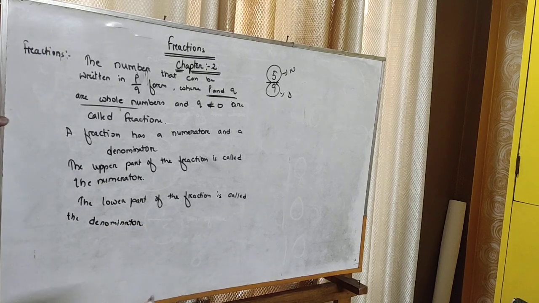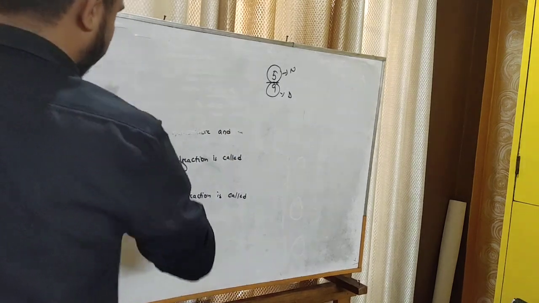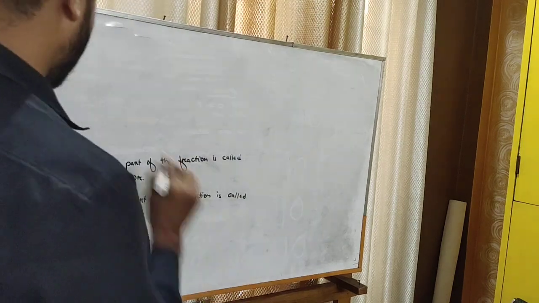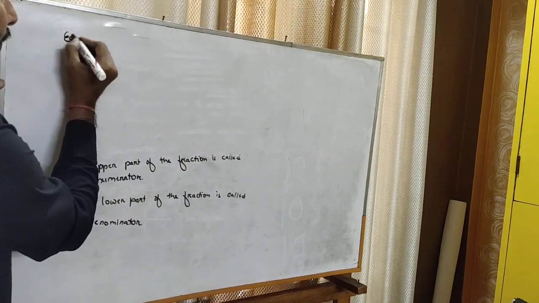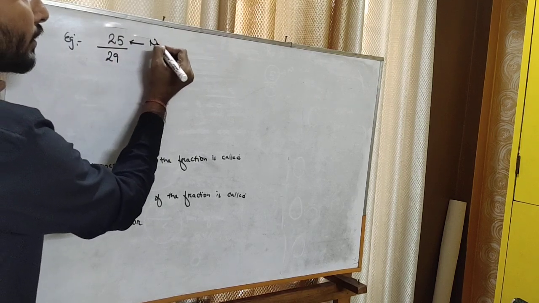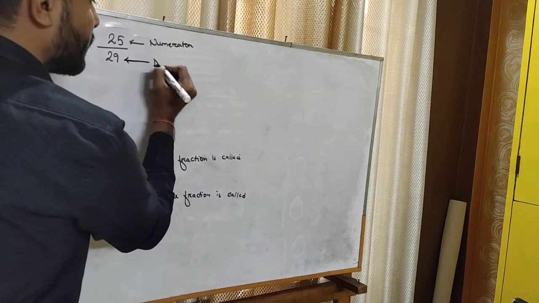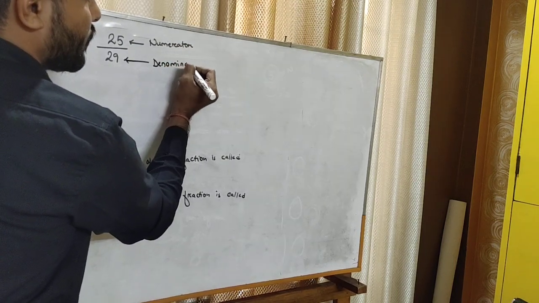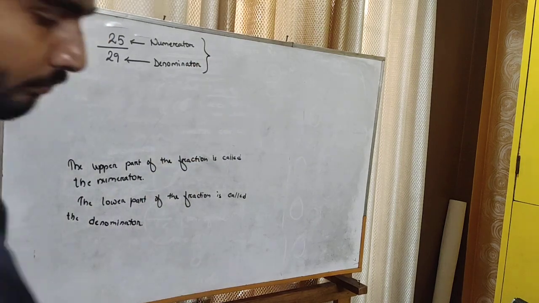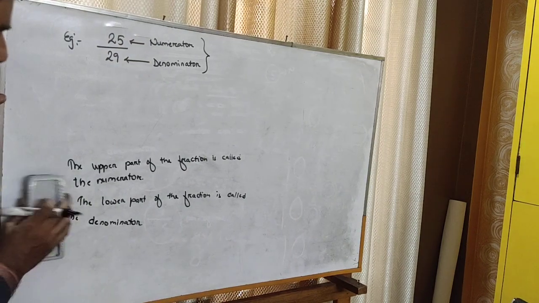After this, an example can be given: suppose I have a fraction 25 by 29. So this 25 is the numerator and this 29 is the denominator. I hope it is clear to you all.